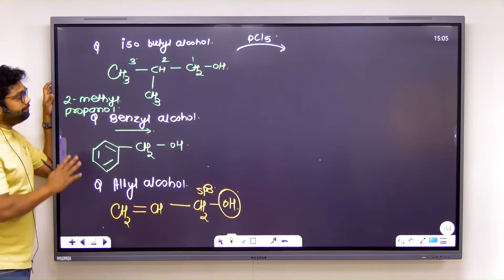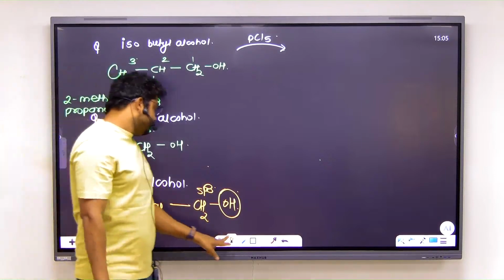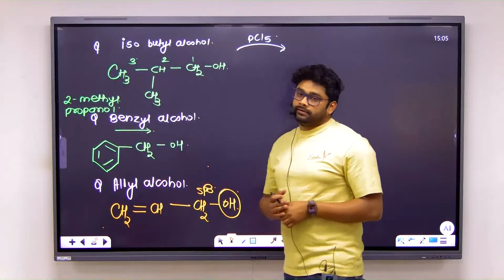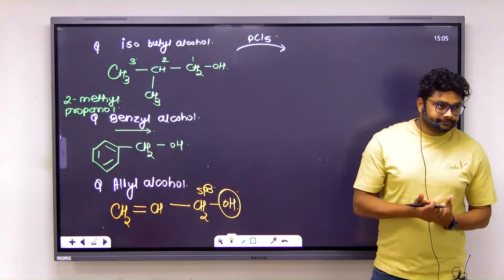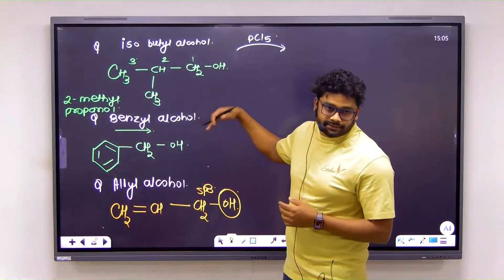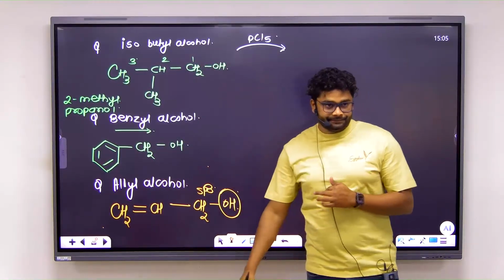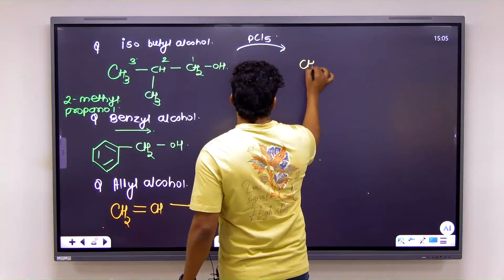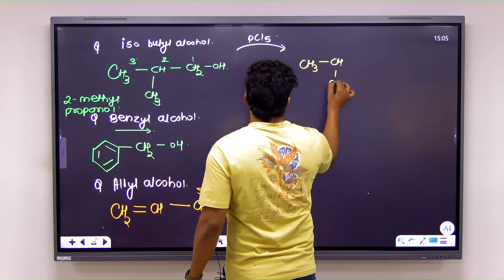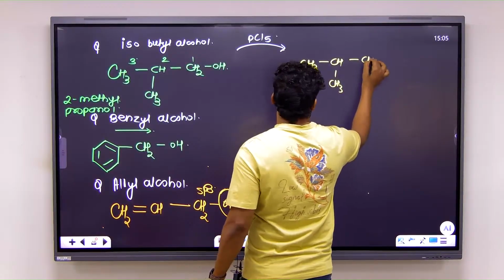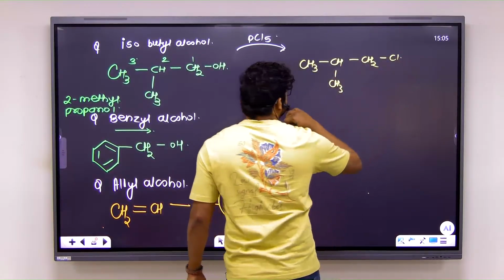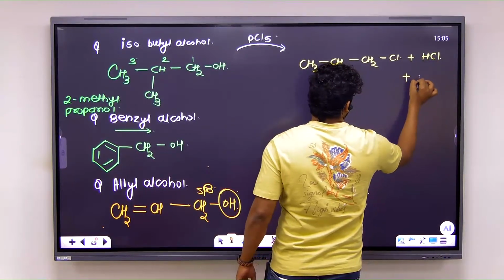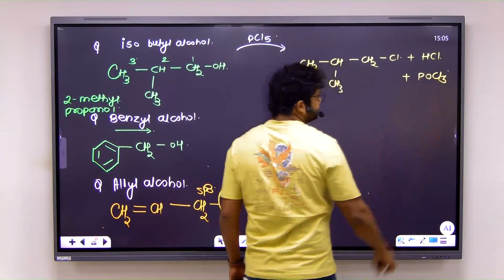This is the most difficult problem in organic chemistry: if you are not able to answer the structures, you must construct the structure from their IUPAC or common names. So slowly you can boost your own confidence. What do you do? Just repeat this. Instead of OH, write Cl, and out of the box HCl, and POCl3.